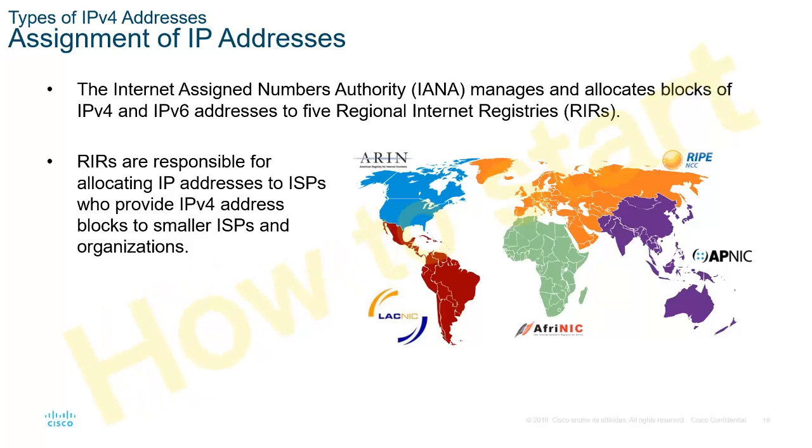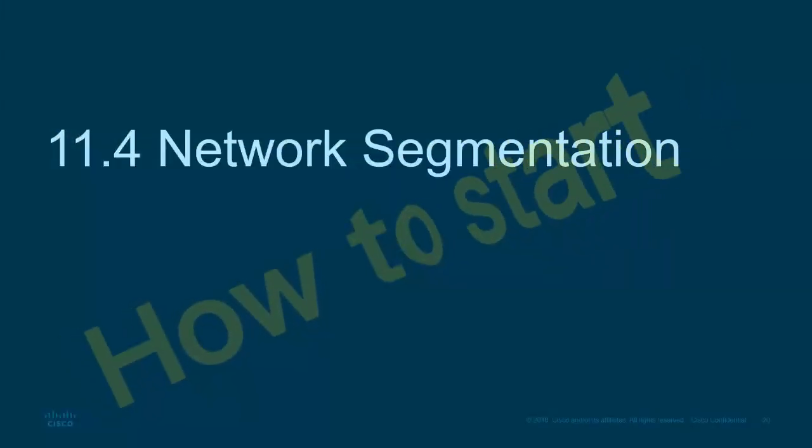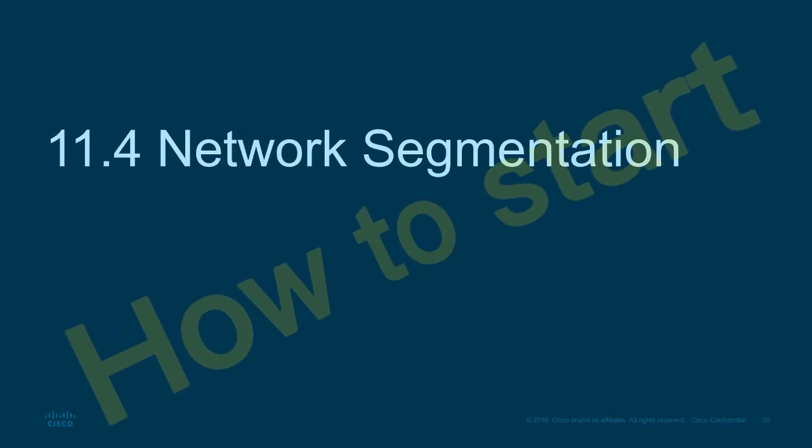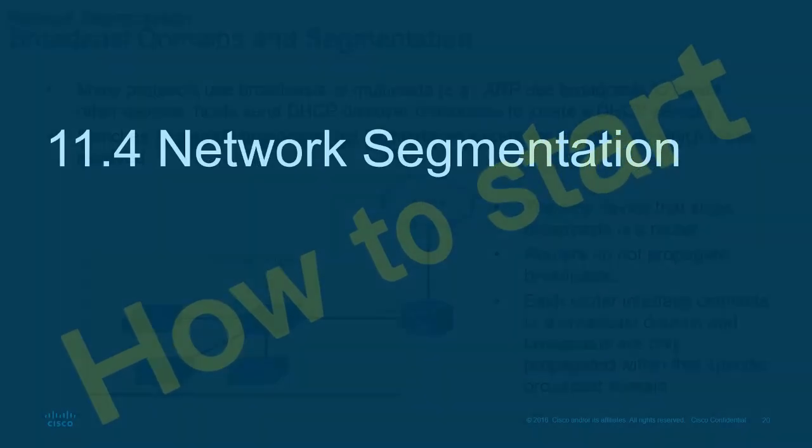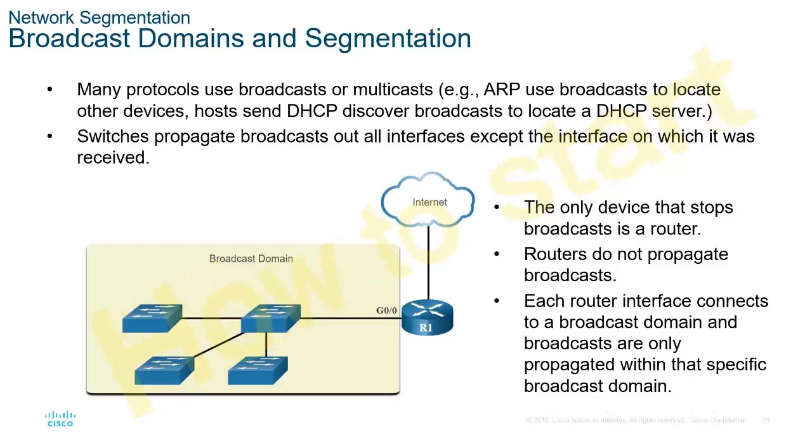So let's go ahead and move on to our next section, which is all about network segmentation. We have what's called a broadcast domain. A broadcast domain is a layer 2 domain where a broadcast can be forwarded. Essentially, if we have one switch and they send a broadcast, it goes to all switches.